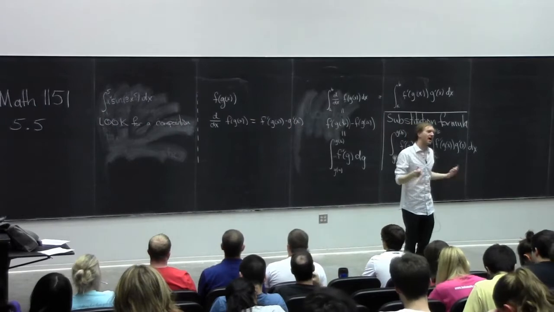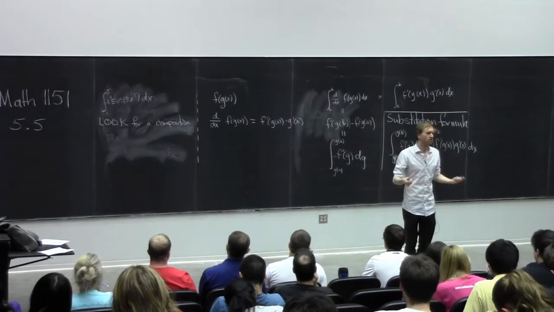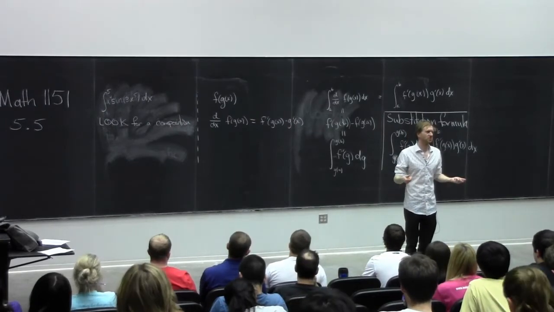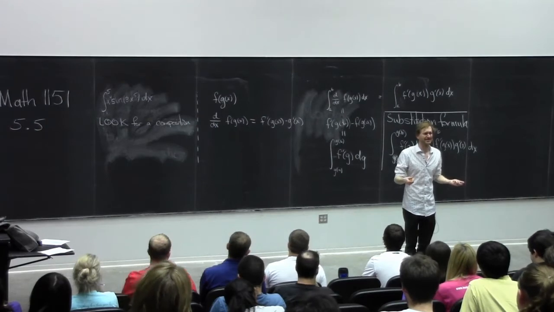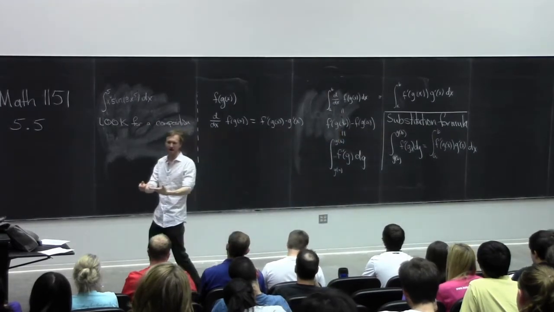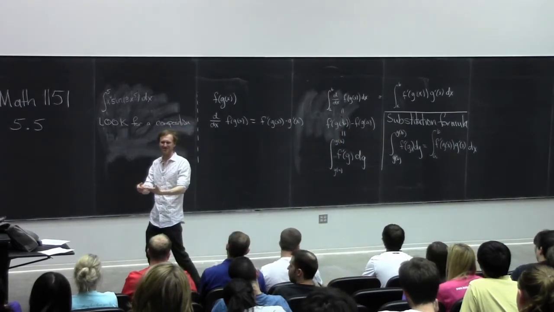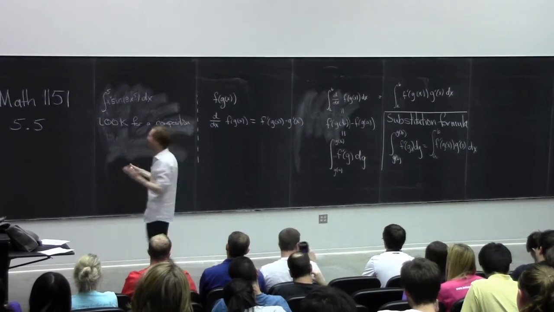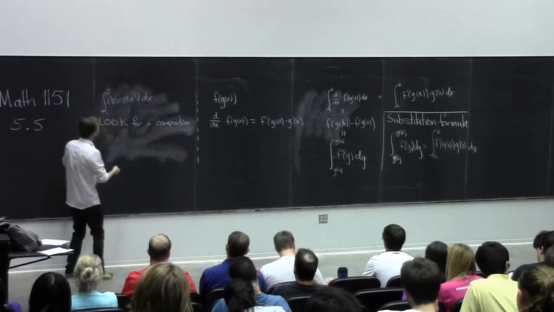And the only way you acquire the skill of finding the composition is to practice. You pretty much have to have done the problem before. If you've never seen the problem before, you might not be able to figure it out. So that's the trick. So look for a composition.